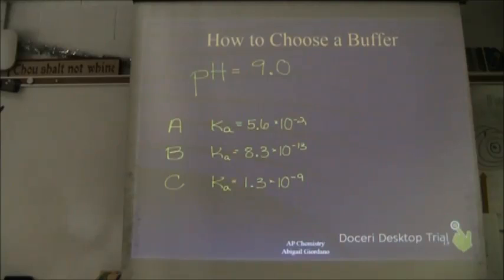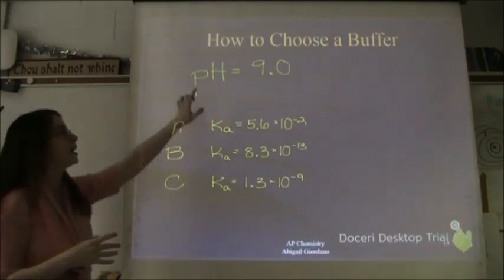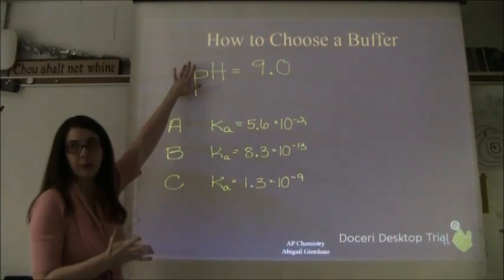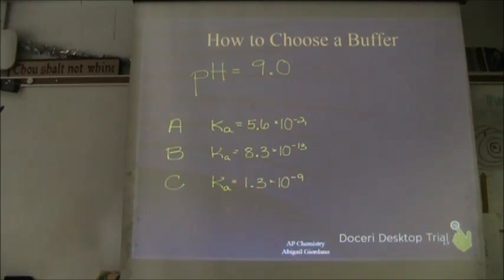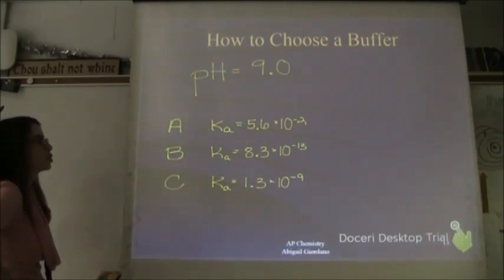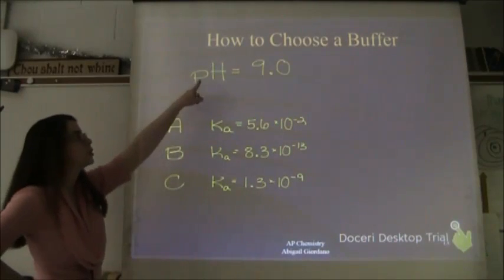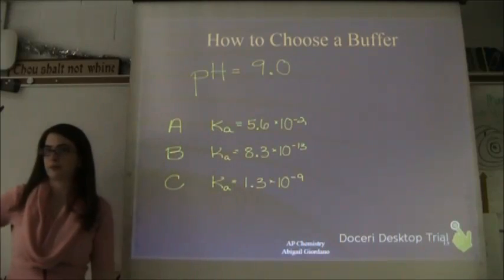When you are asked to choose a buffer system for some desired pH, in this case, 9.0, you want to choose the buffer system whose pKa is closest to your desired pH.